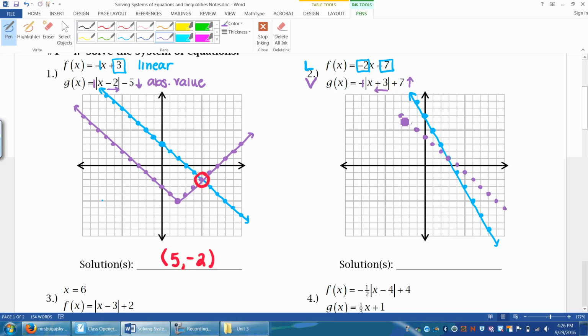And on the other side, do not do the opposite. Go down 1 again, but go left 1 to create the V. Again, the intersection point is the solution. That's at 3, 1.